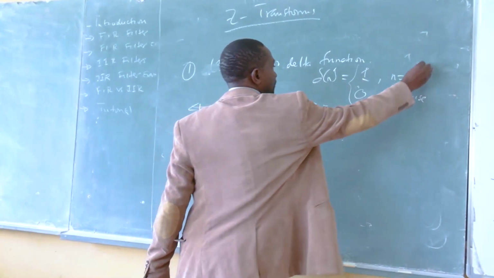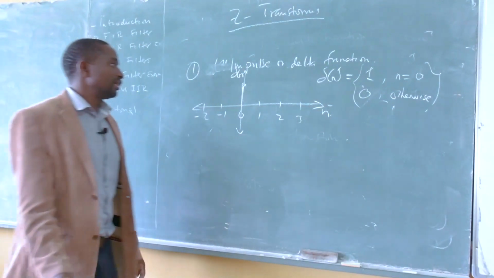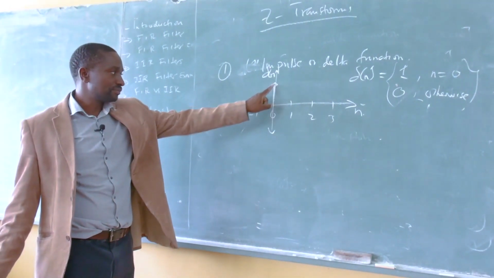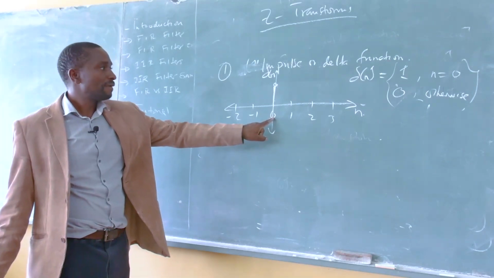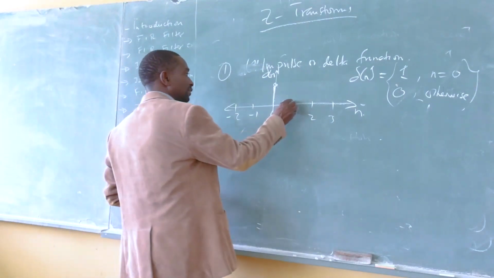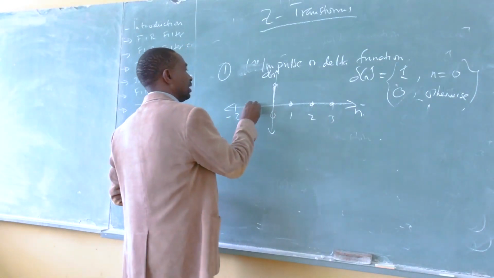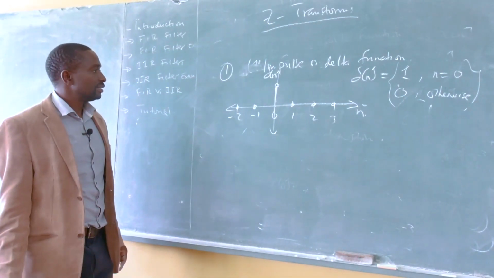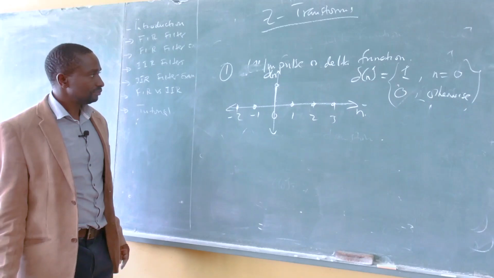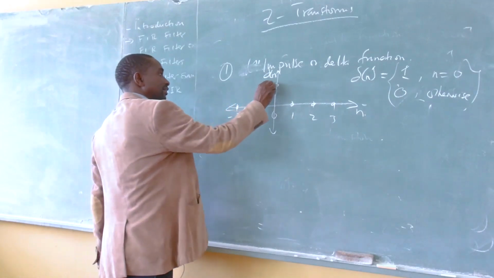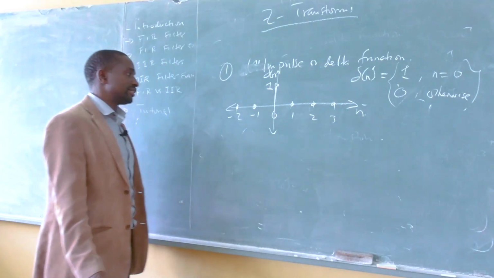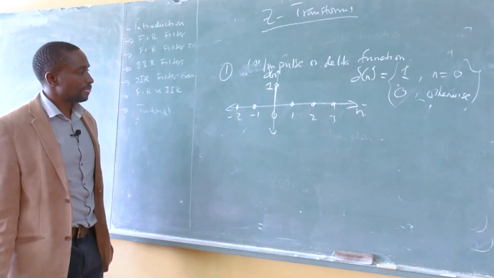That's the definition of a delta function. It will have the value of 1 at n equals 0, and it will have the value of zero at any other point besides n equals 0.